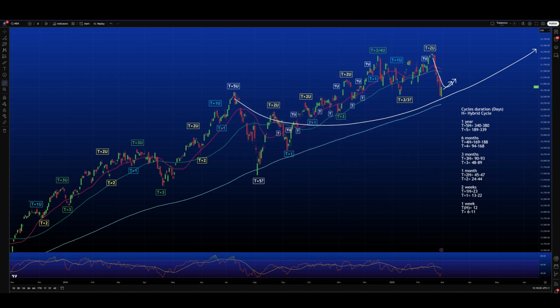But we also have another top, this one, and this top occurred after 153 bars. So both this top and this top are encompassed in a T+4 cycle. So we cannot at the moment say whether the beginning of the T+4 has commenced here or is commencing here.